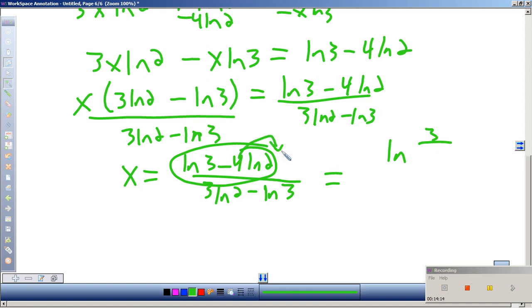Or if you have it here, we can move it up inside. You say natural log of 3 to the 16th over natural log of 8 over 3 to the 3rd, since it's 2 to the 3rd.